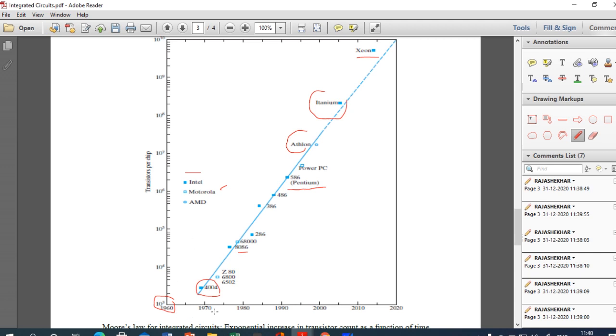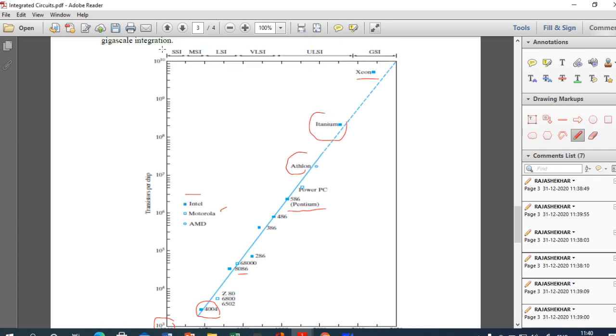Here the x-axis represents the year and the y-axis represents the integration technology adopted. Initially 10^4 small scale, 10^5 medium scale, 10^6 large scale, 10^7 very large scale, 10^8 ultra scale, 10^9 giga scale.